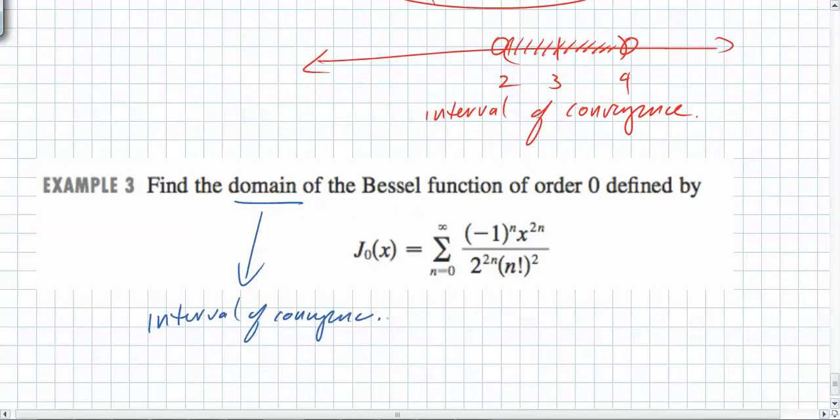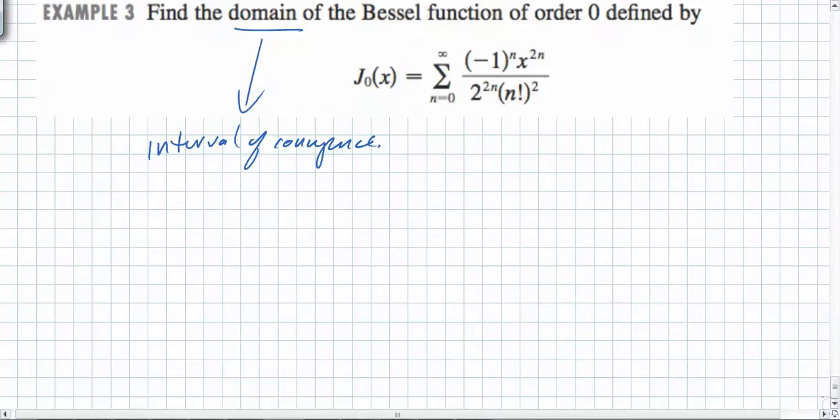And what are we going to use to find that interval of convergence? It is an alternating series. We're going to use the ratio test. It's nice to use because it means we can get rid of dealing with the problem of positive, negative, positive, negative.